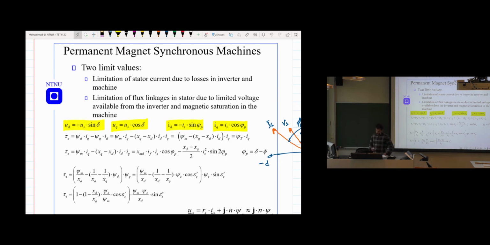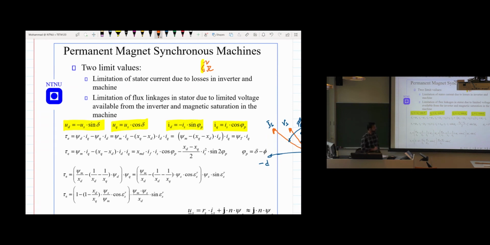So this 2-3% causes the losses, which is I squared R. R is the resistor, I is the stator current. So therefore, this is the loss. Then we cannot have more current. We want to limit the current for a particular operation.